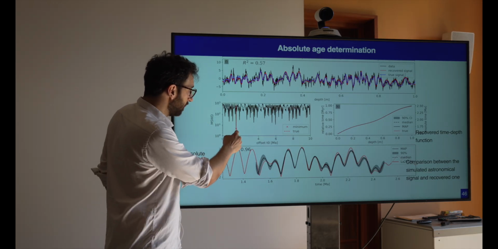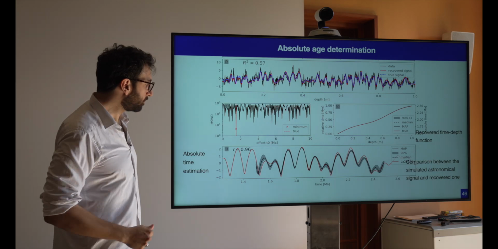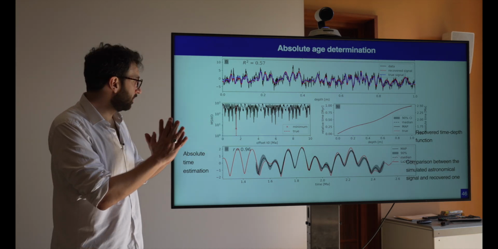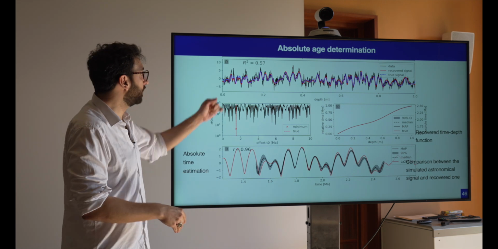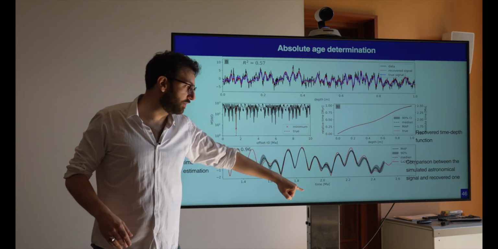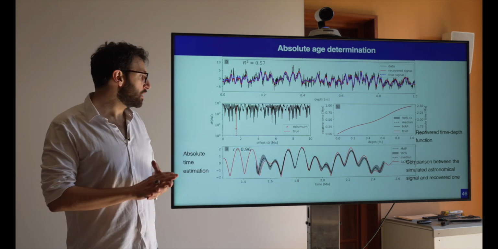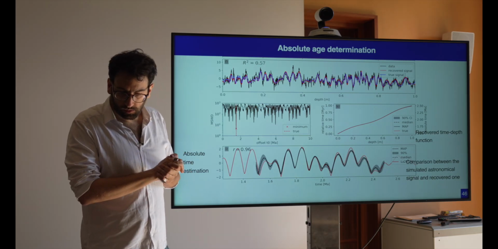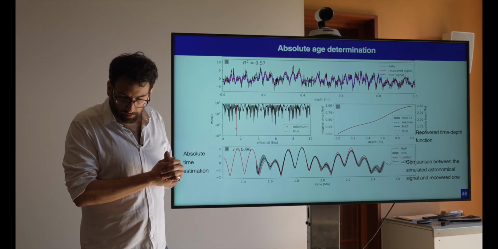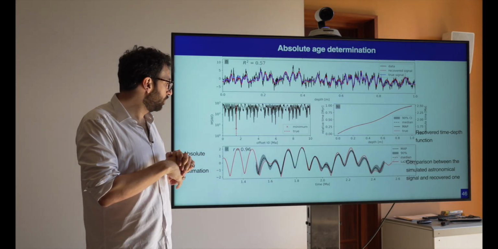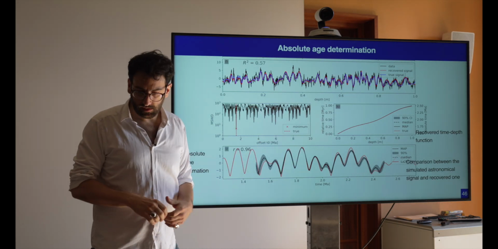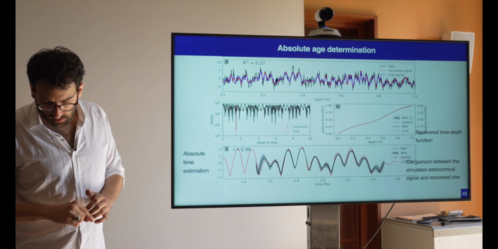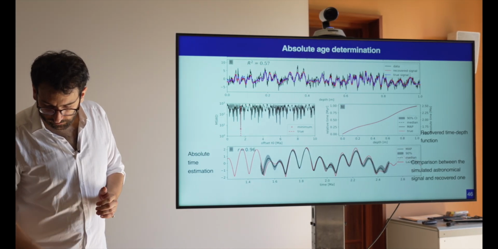At some point, you can find a minimum of chi-squared or a maximum correlation, and you say, actually this happened at this particular time, and you can use the uncertainties that you computed on your model parameters to estimate an uncertainty also on this absolute time determination.